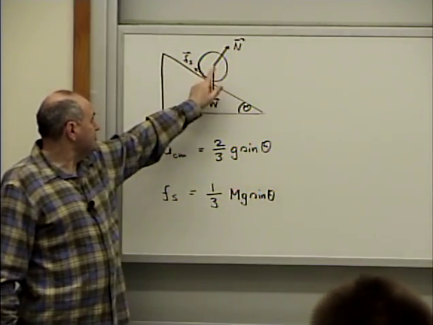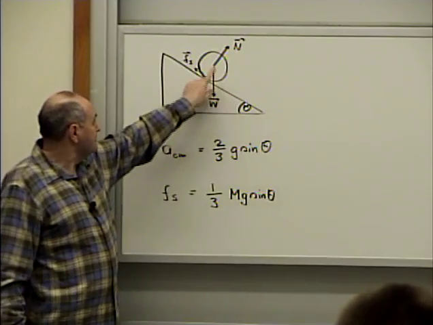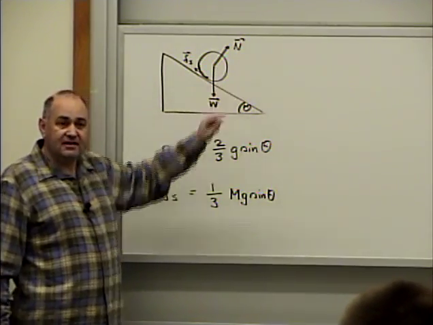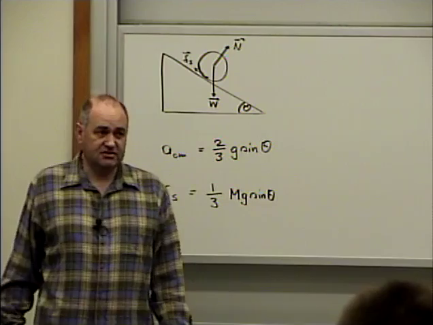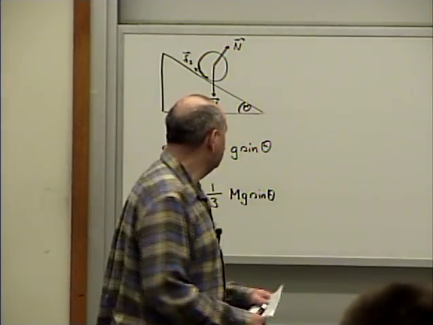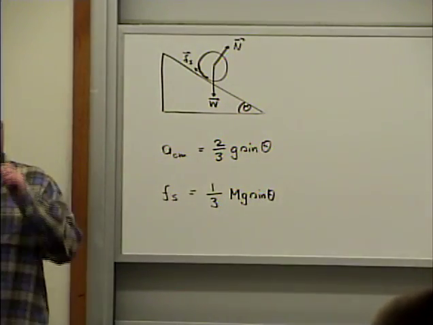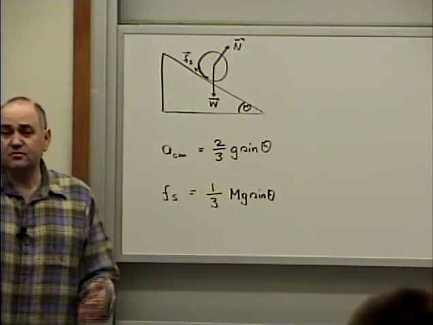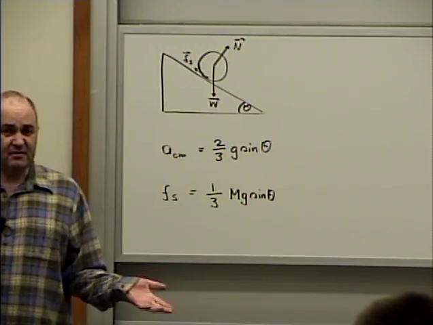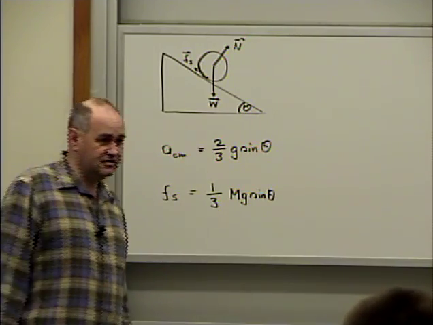And we also considered translational motion, so motion of the center of mass, and related it to the net force exerted on the object. We used three versions of Newton's second law. If we had a particular problem, we didn't have to use all three versions.